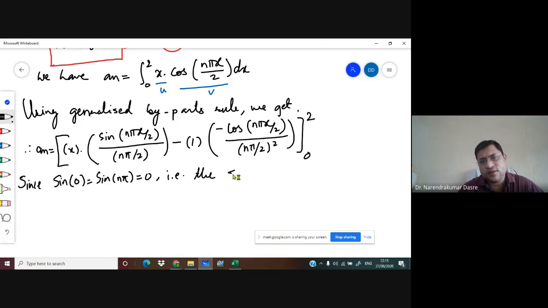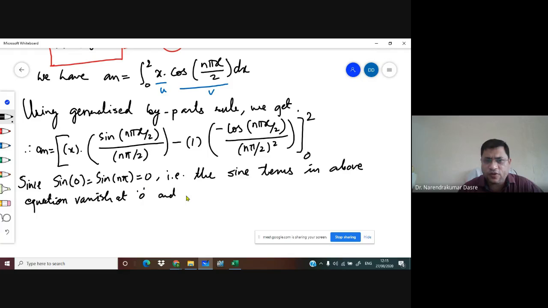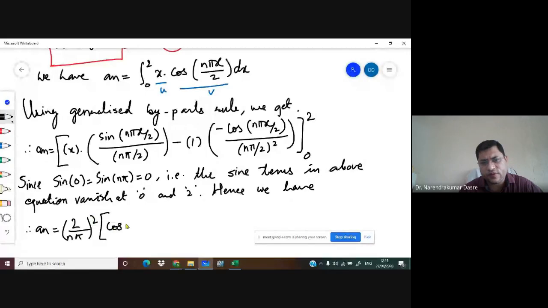So the sine terms in both expressions vanish at 0 and 2, and hence an is equal to, this minus minus will become plus, 2 upon n pi bracket square being constant, and you have cos of n pi x by 2, and this will be from 0 to 2.